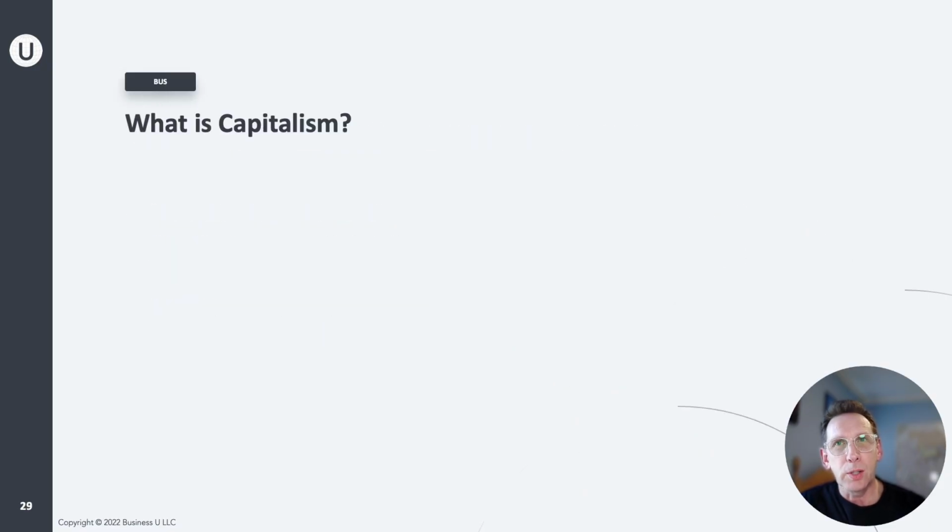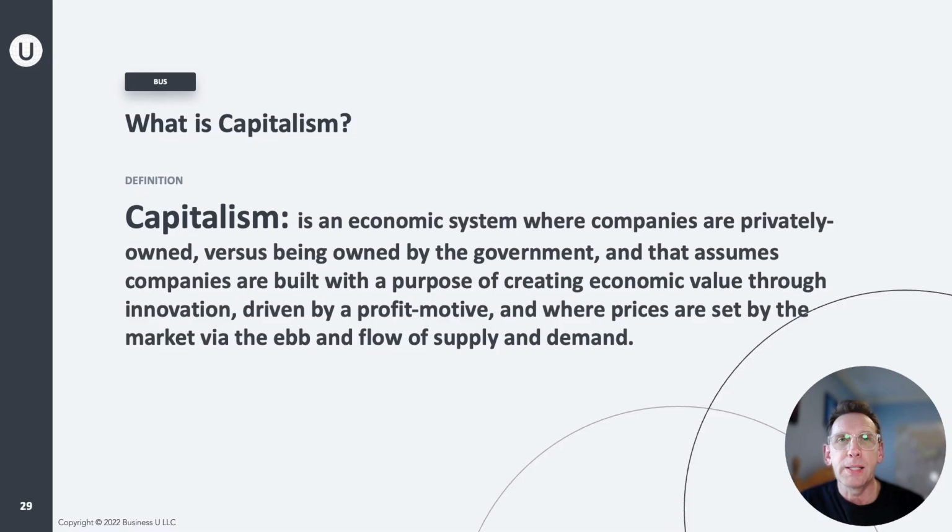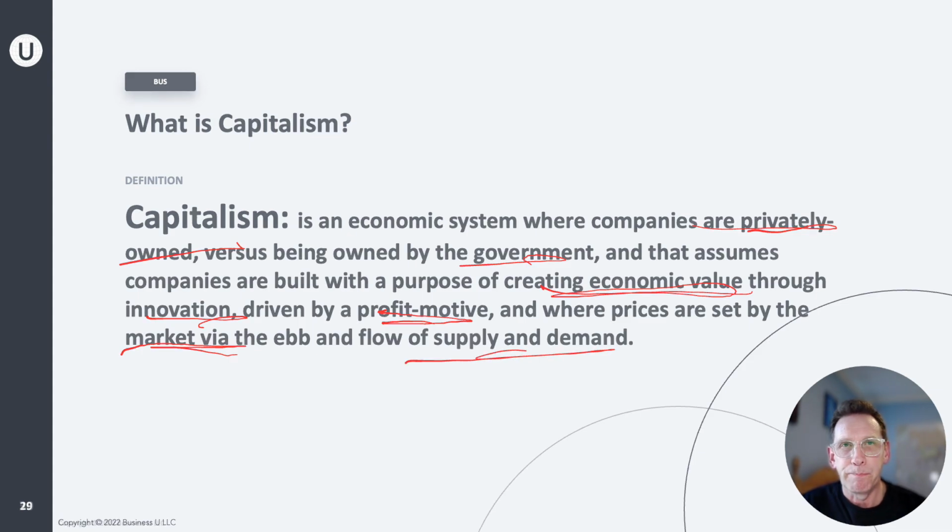So let's talk about capitalism. Capitalism is an economic system where companies are privately owned versus owned by the government, and it assumes those companies are built with the purpose of creating economic value through innovation. They're often driven by profit, and prices are set by the market via the ebb and flow of supply and demand.